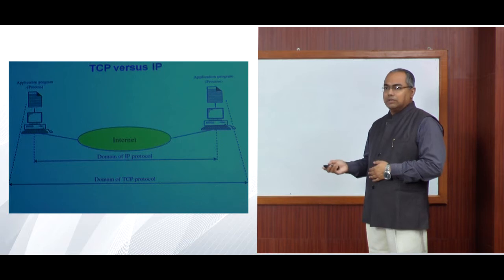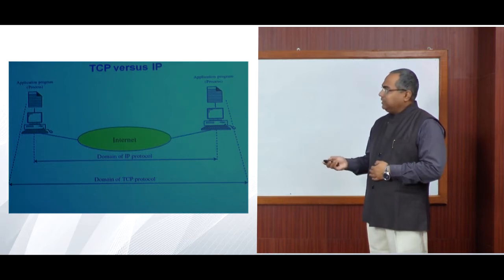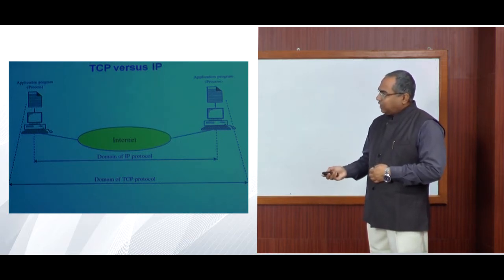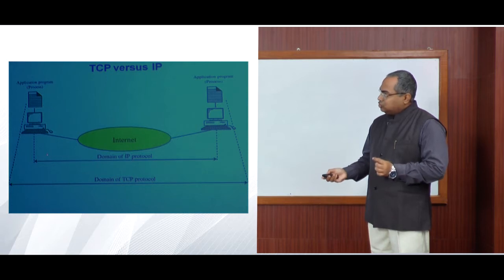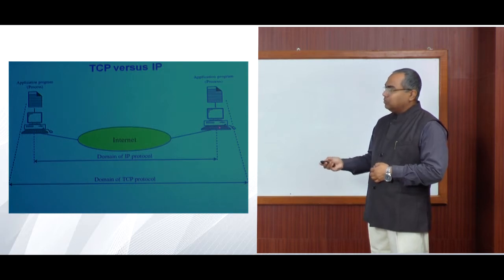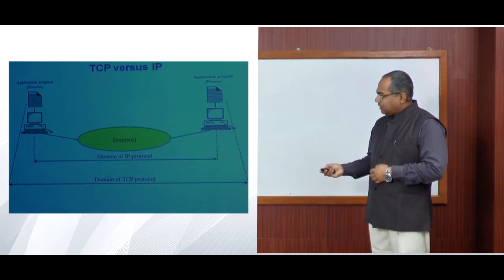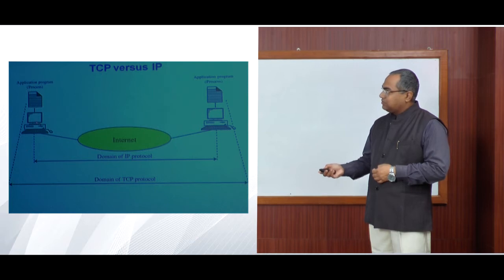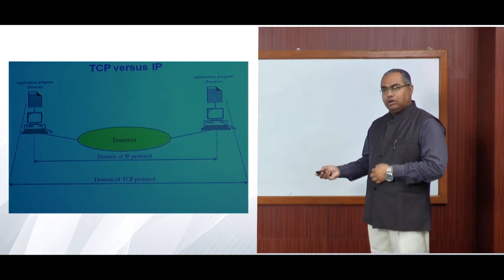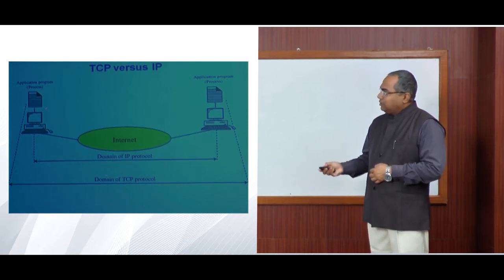There we will learn about IP, but as of now the job of the IP address is to deliver data from my machine to the Google server machine and get the data back. This is the responsibility of the internet protocol, or IP.